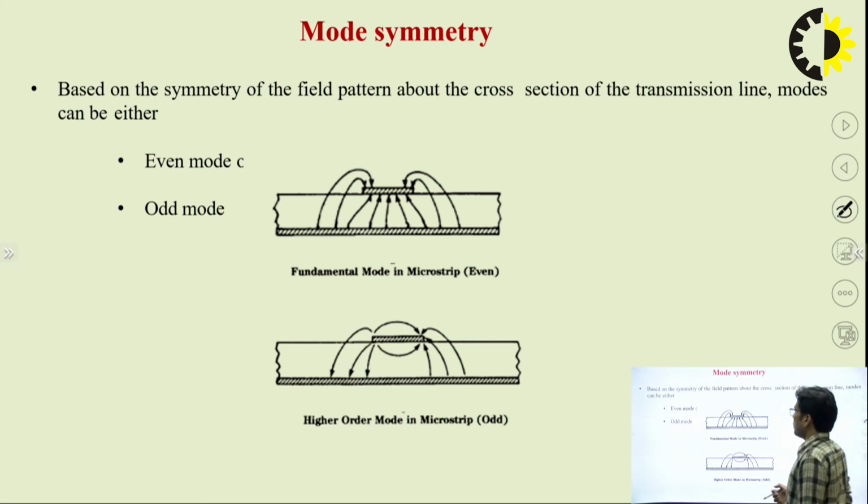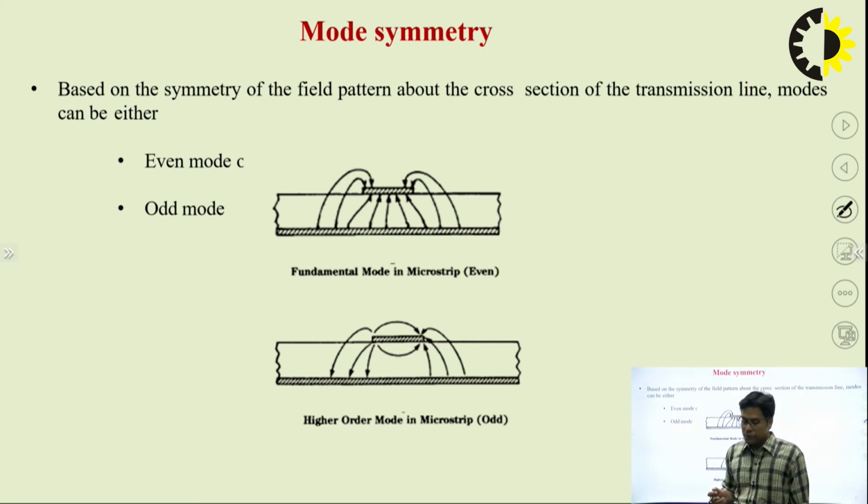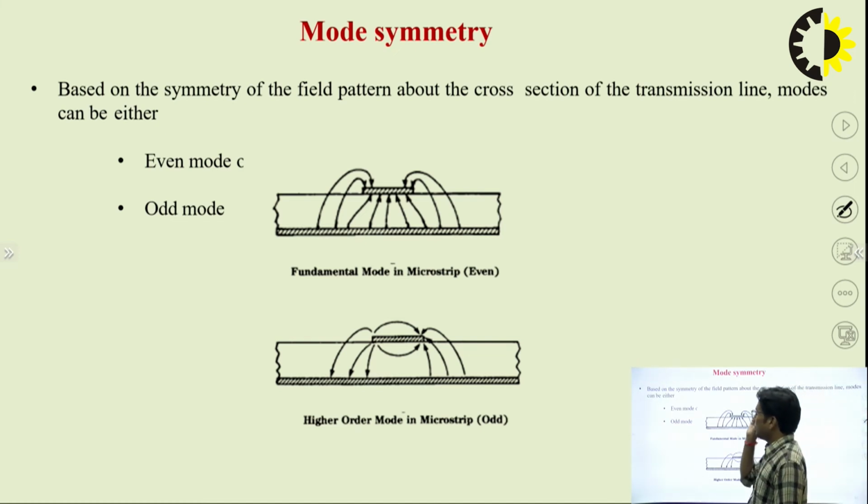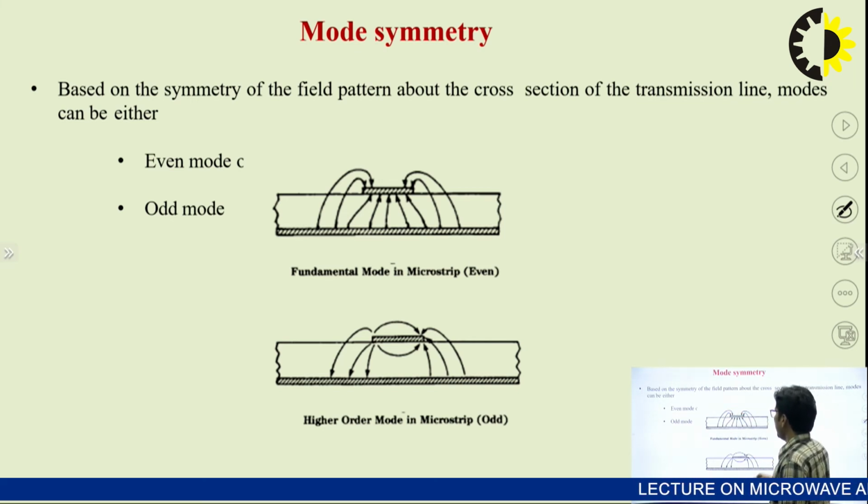The fundamental mode we can also call the dominant mode. The dominant mode is the mode which has the lowest cutoff frequency, from where the propagation gets started. So here we can see this is the fundamental mode of the microstrip line.